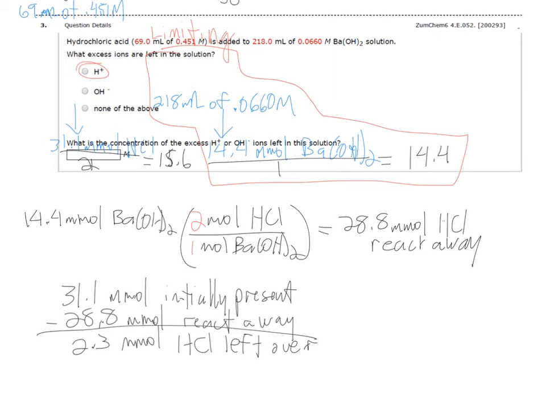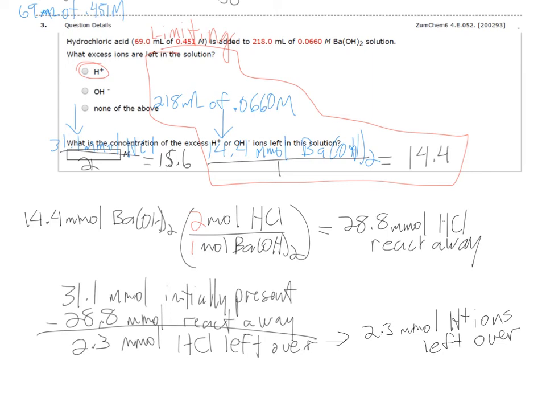Conveniently, the subscript for hydrogen within the formula of hydrochloric acid is a 1. So that means however many millimoles of hydrochloric acid you have is also the number of millimoles of hydrogen ions that are left over as well. In other words, you don't have to worry about making a conversion.